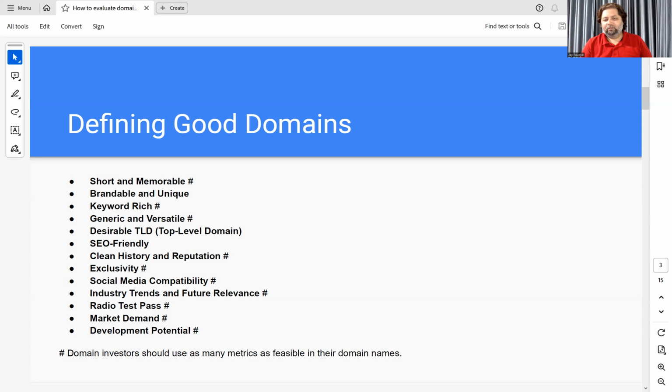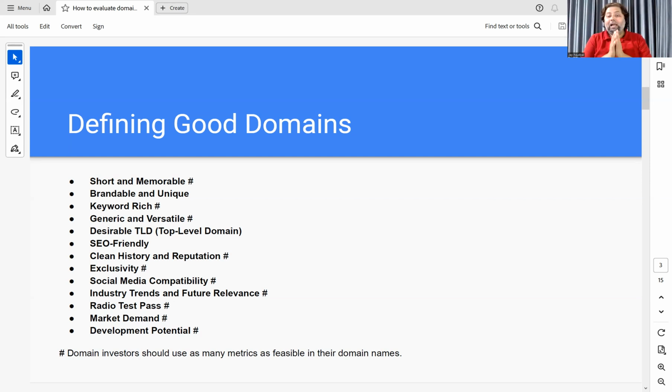So in this case, bazaar doesn't pass the radio test, but by typing this domain 4 or 5 times, you might get the site. But what if you are having bazaar.com and somebody is having bazaar.com with double A? What if your user types the site of your competitor? This is called traffic leakage.